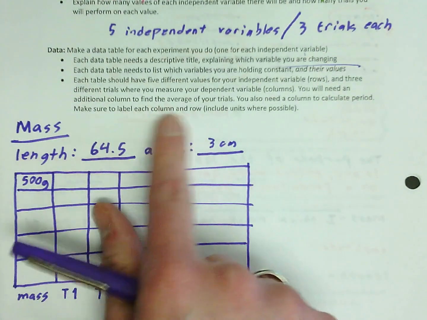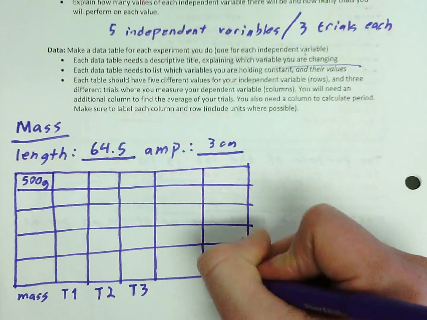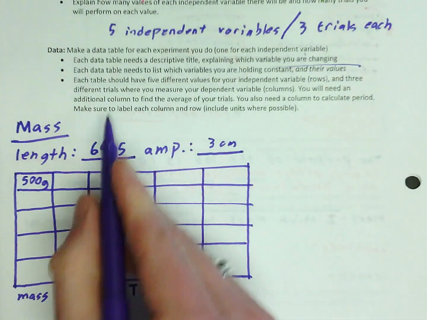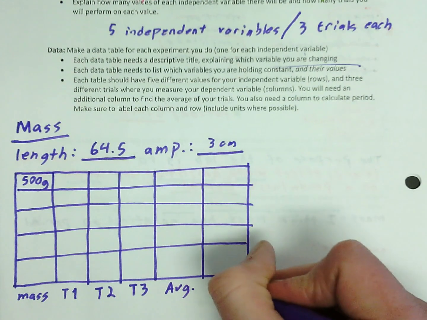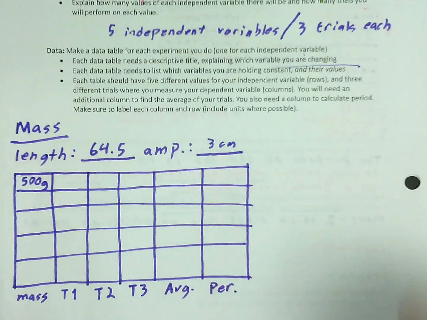You will need an additional column for the average of your trials. And you'll need an additional column for the period. And there you go. There's your data chart.